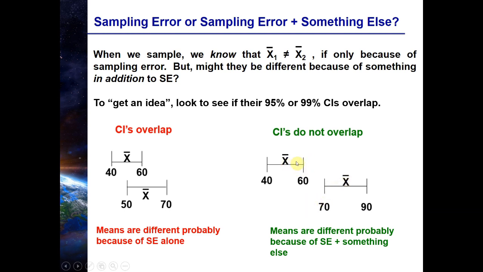For example, what if mu for the dim screen is out here, and what if the true mean mu for the bright screen is way over here? Then these two means could be the same, right? It could be the same mu, but probably not. We go with the odds. Odds are mu for this distribution is here, mu for this distribution is here, and they do not equal each other. There's no overlap.